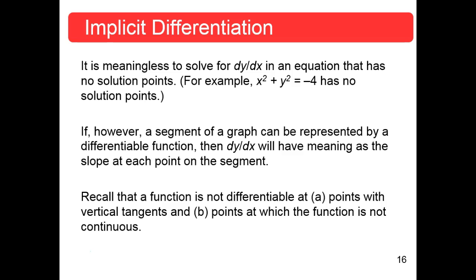If, however, a segment of the graph can be represented with a differentiable function, then dy/dx will have meaning as a slope at each point on that segment. Now recall that a function is not differentiable at, number 1, points with vertical tangents, number 2, points at which the function is not continuous, points of discontinuity.